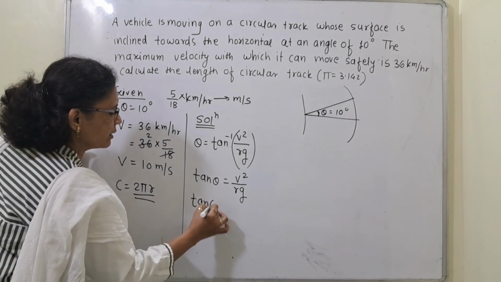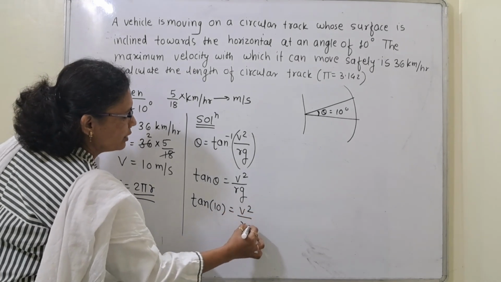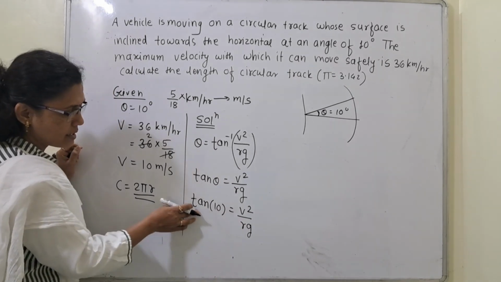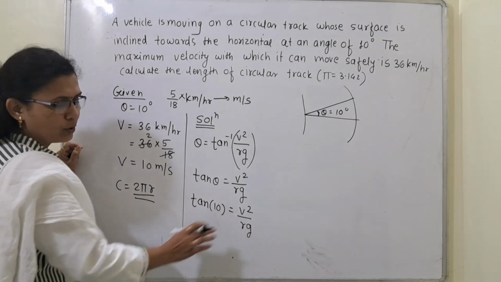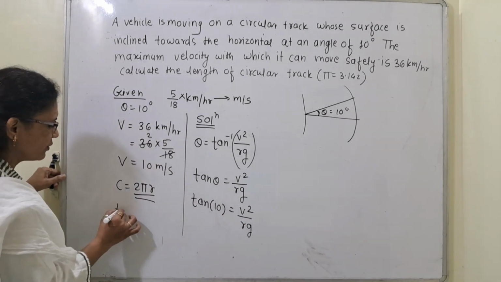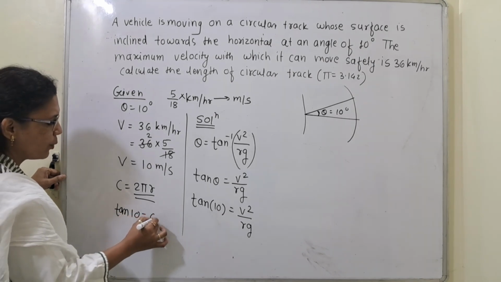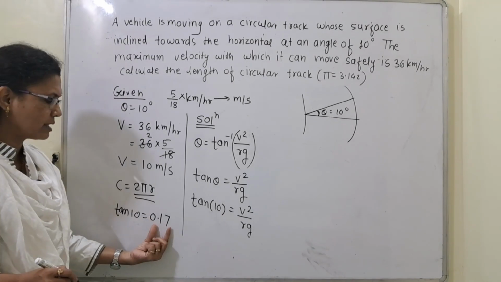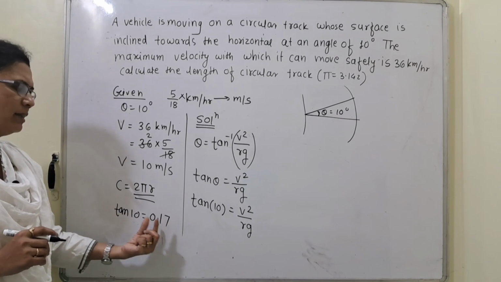Tan 10 is equal to v square upon rg. We have to find this r, so we take it to the left side, and the value of tan 10 goes to the right side. The value of tan 10 is 0.17. You can get this value from the log table. Therefore, tan 10 will be 0.17.